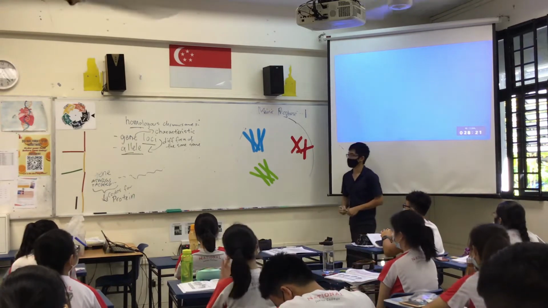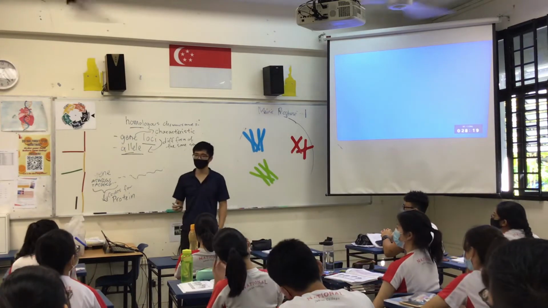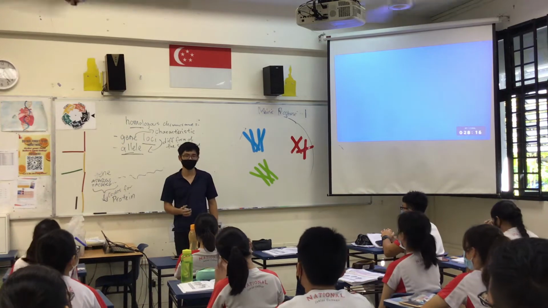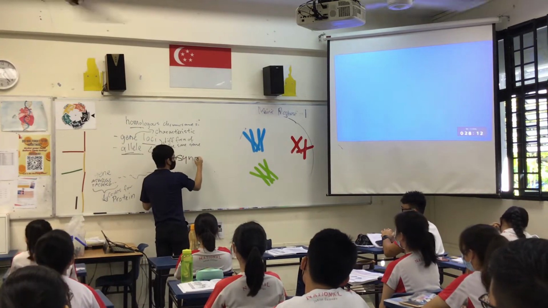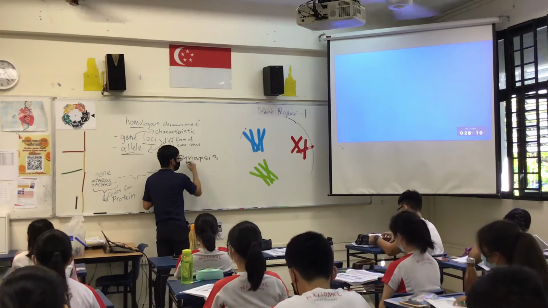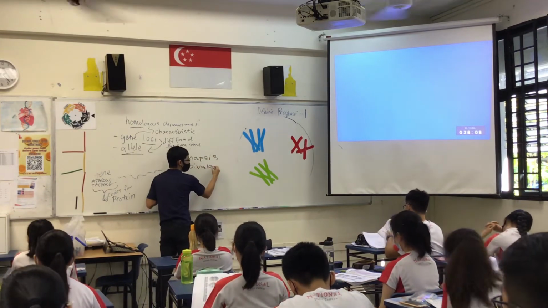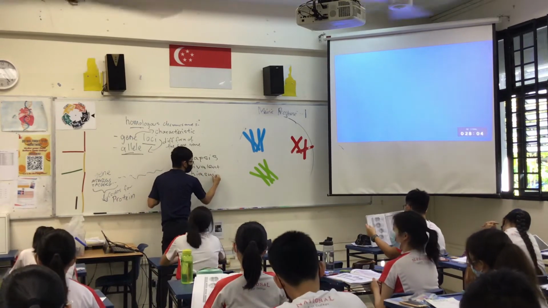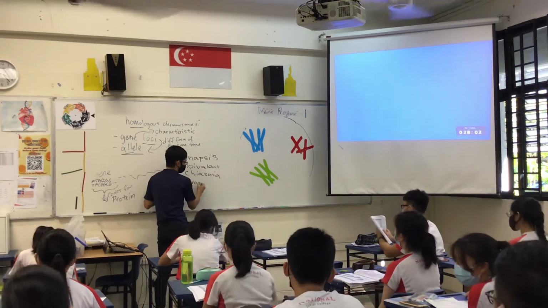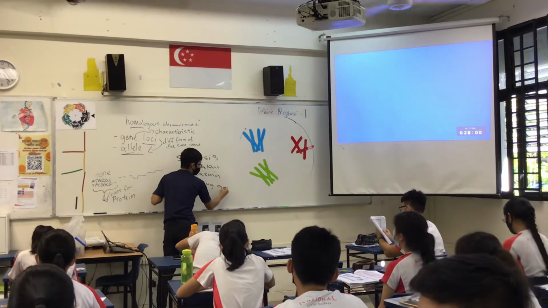Now I'm going to write some of these terms on the whiteboard. Try to describe to your friend how you use these terms in a sentence. The words are synapsis, bivalent, chiasma, crossing over, or chiasmata.